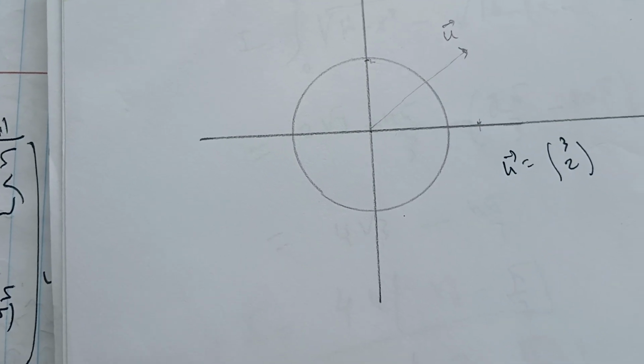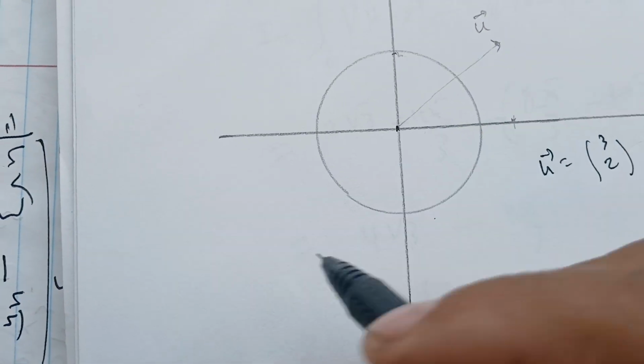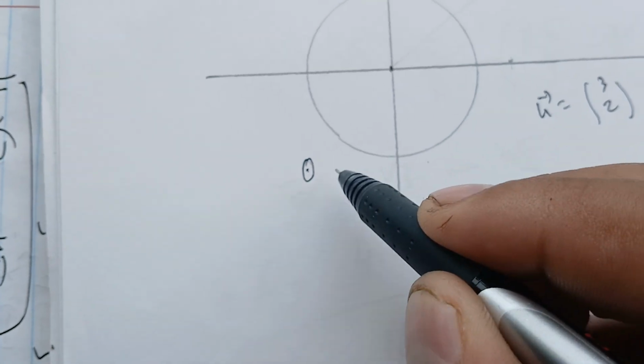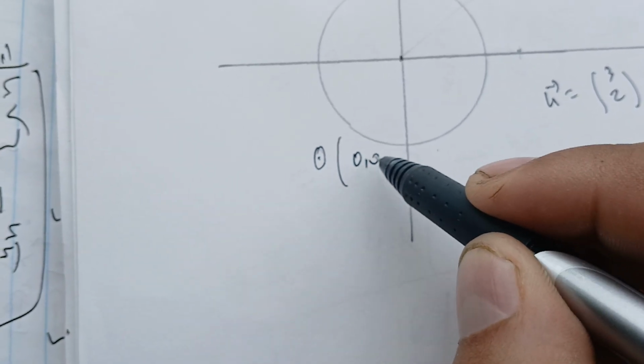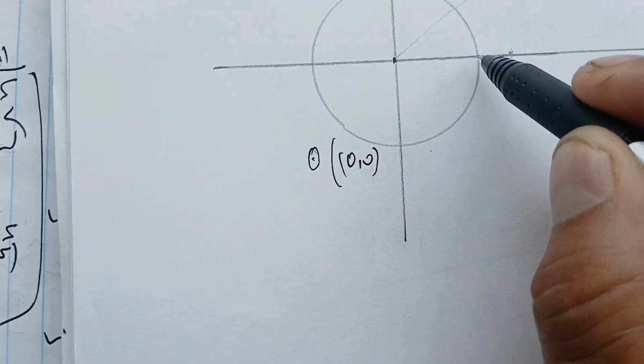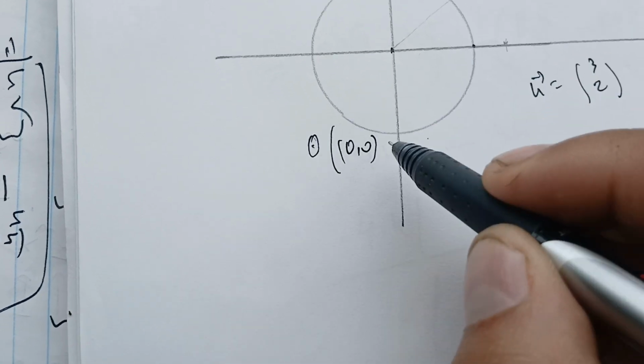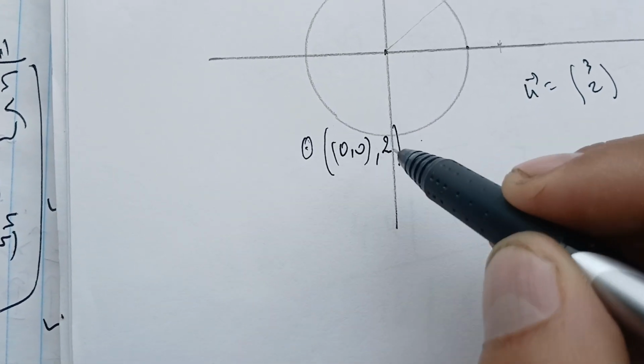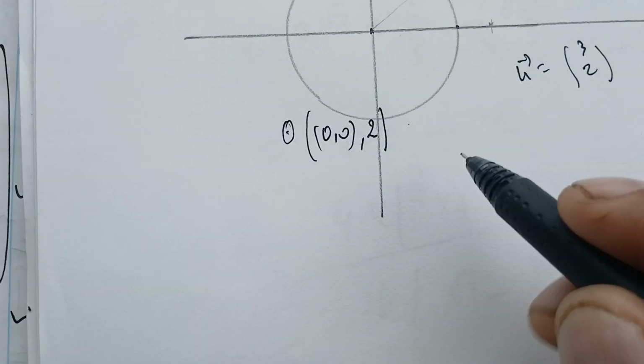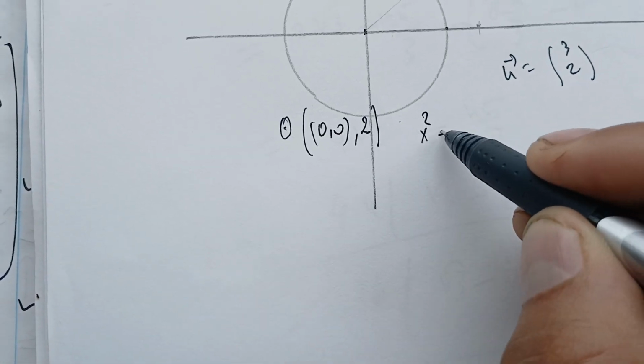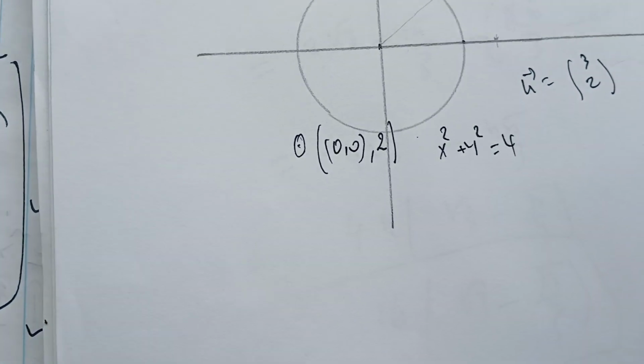First, we know that this circle is centered at (0, 0), and it has radius 2. So its equation is given by x squared plus y squared equals 4.